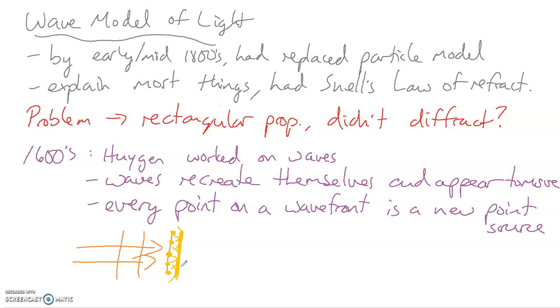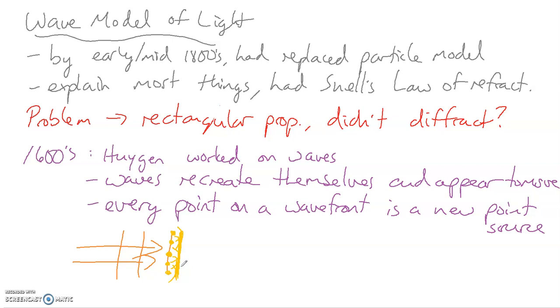The wave lasts for an instant in time, and it creates a whole new wave right afterwards. Same thing with the car. The car lasted for an instant in time. It disappeared right when the new one was created right in front of it, and it kept on going. Okay, I know it's kind of weird, kind of abstract, but this is what he said, and this is how he said waves actually move from one place to another.